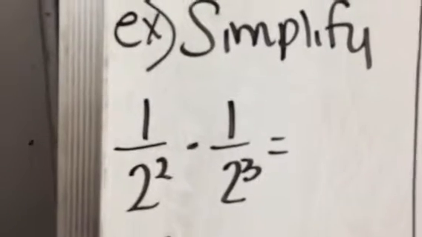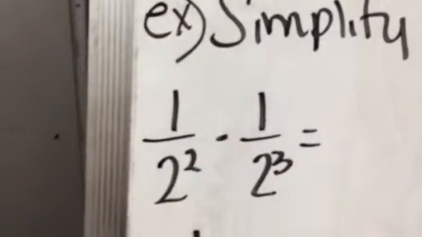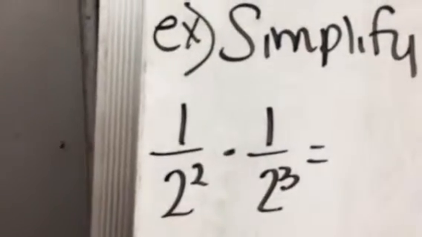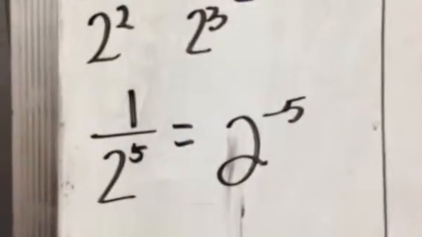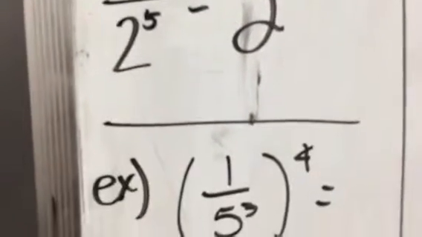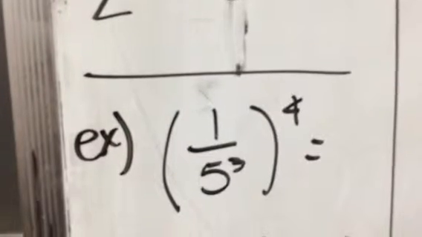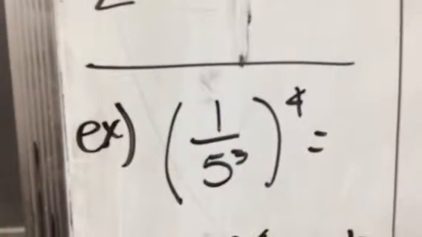So simplify 1 over 2 squared times 1 over 2 to the 3rd. Well, that's going to be 1 over 2 to the 2 plus 3, which is 1 over 2 to the 5th. And that just equals 2 to the negative 5th. So these are negative exponents. How about 1 over 5 cubed all brought to the 4th power? What are you going to do on that one?